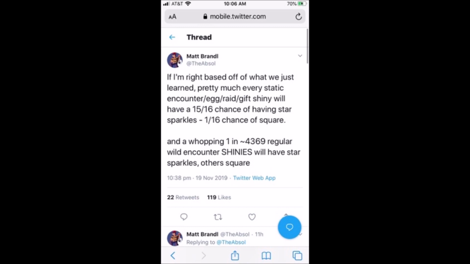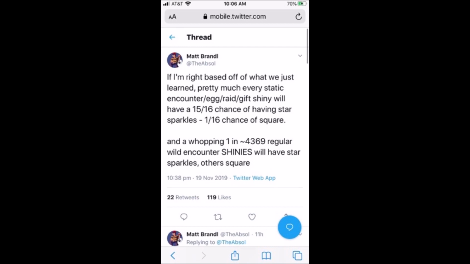But obviously it's the first check, that really weird first check, that if matched with the shiny PID will potentially give you stars. You still also have a 1 in 16 chance of still getting squares, so even if you hit those ridiculous odds, you might still get squares and you would never know.